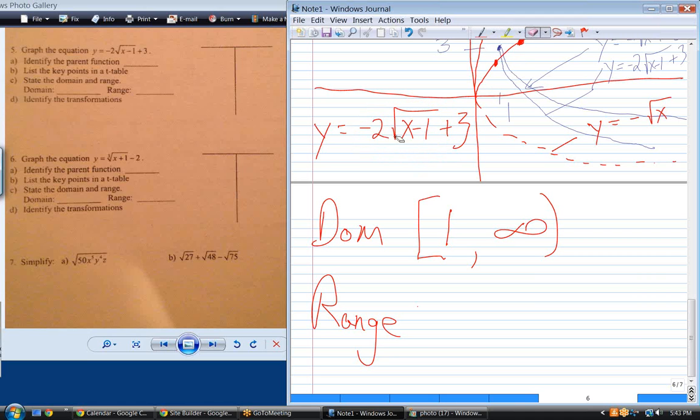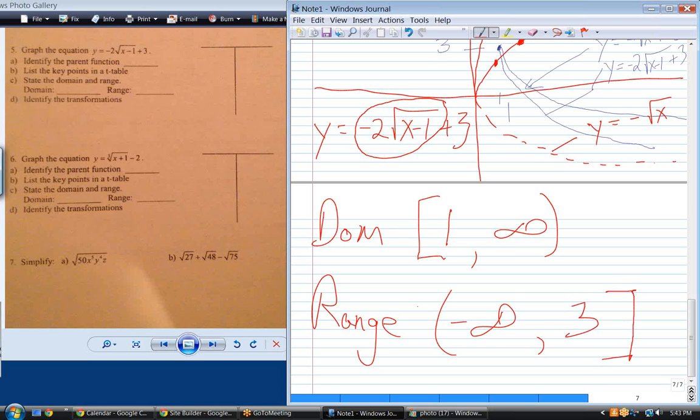Okay. So, what's the low end of the range on this function? Negative infinity. Okay, negative infinity is correct on the left side. And this could be at best 0. So what's the high side? 3. And it's a bracket because when x is 1, y is 3. So y can be 3.